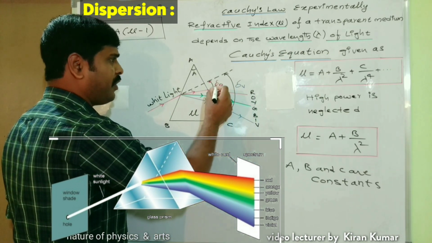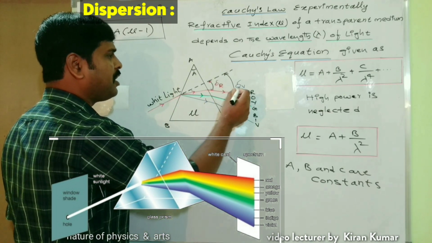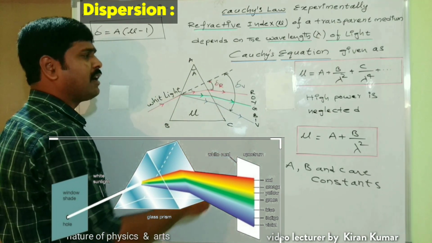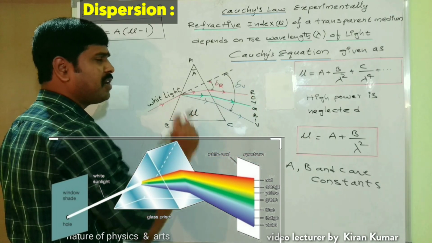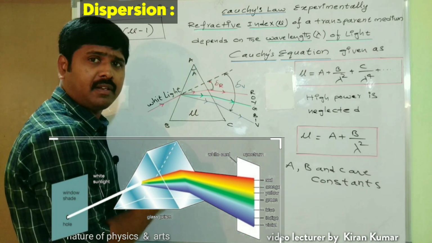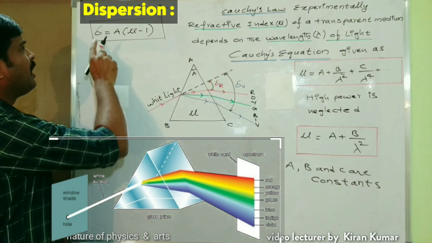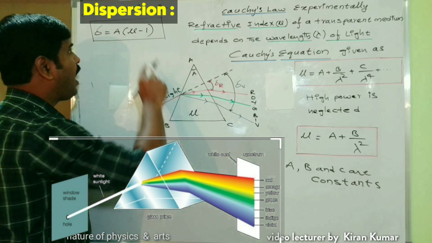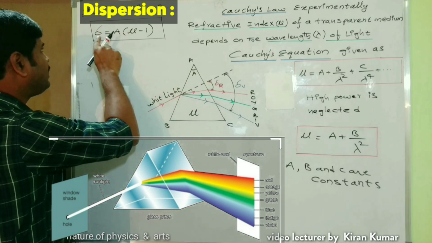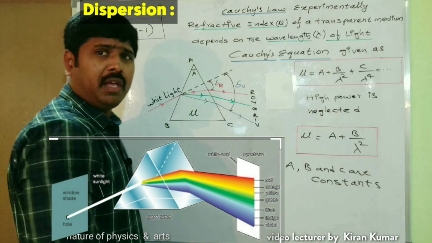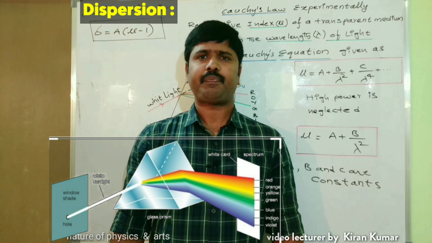See, here the deviation angle of red color is less than the deviation angle of violet color. More deviation angle for violet color, less deviation angle for red color. This is the relation between the deviation angle and the refractive index of the prism: delta equals A times (mu minus 1).